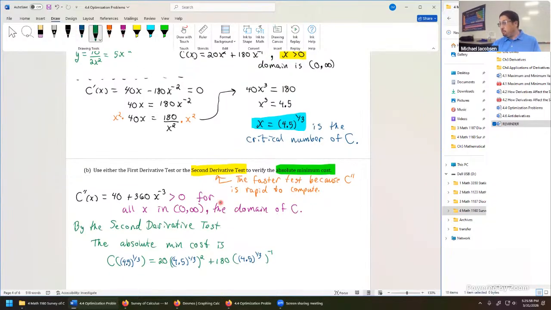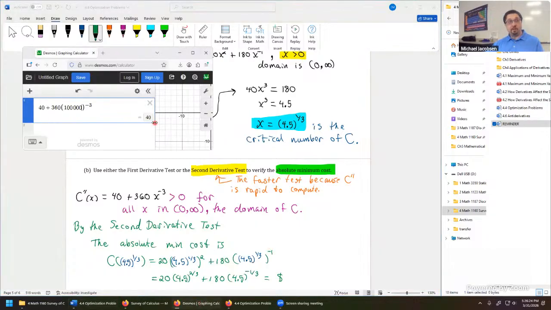And we can simplify this a little bit better. We can say that this minimum is going to be 20 times 4.5, and exponent laws will say power 1/3 times power 2 is to the power 2/3, plus 180 times 4.5, do the multiplication of these two exponents, so we get power -1/3. And finally, here is the absolute minimum cost.